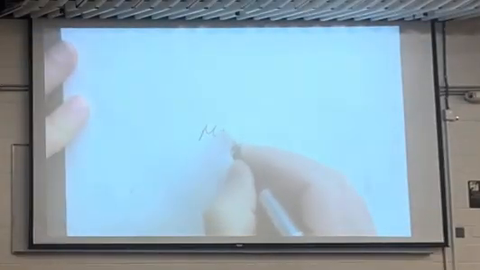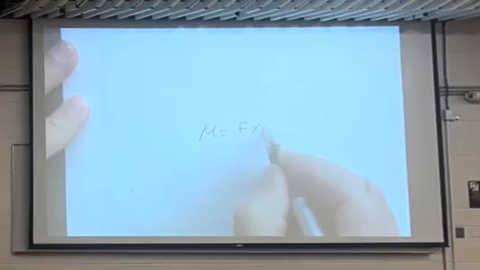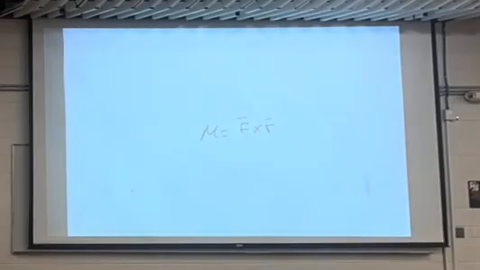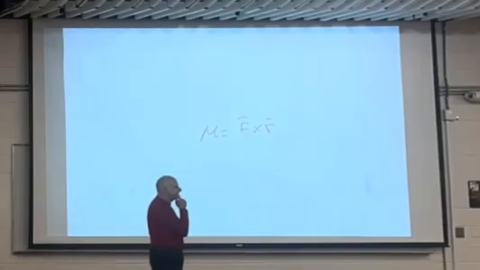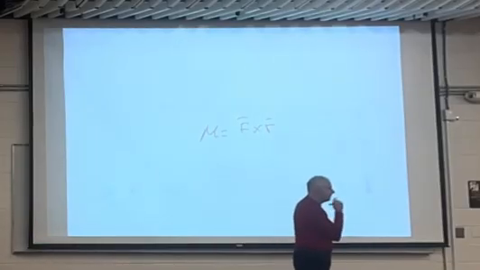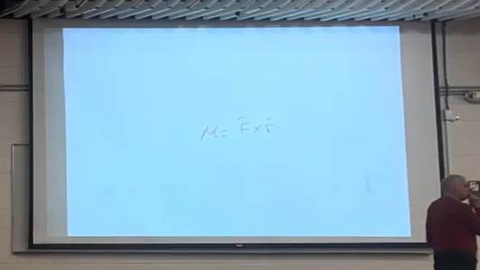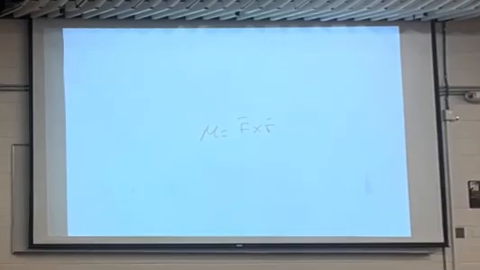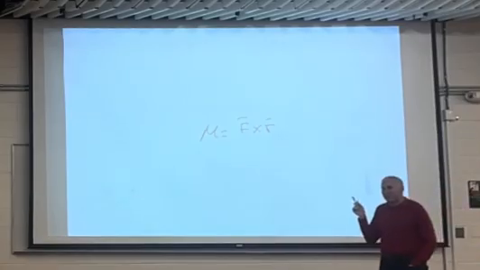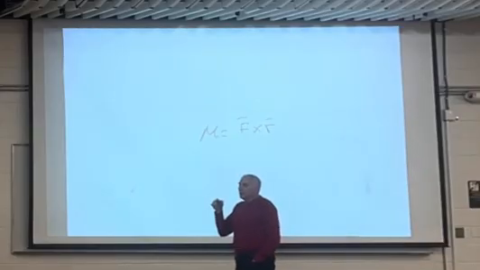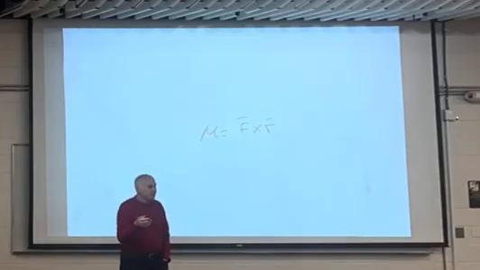I said to them, moment is equal to F cross R, true or false? False. They said true. So you can't tell me you know what you're doing if I trip you up on a simple thing like that.